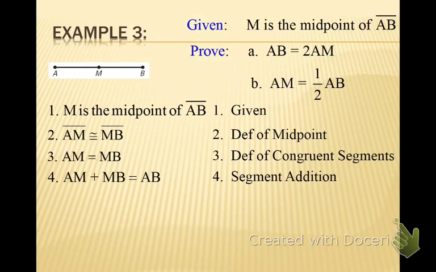So my next step, I'm going to use this step 3 to try to get to that goal. How am I going to use step 3 in combination with step 4? What would be my next step? Anybody see it? Okay, my next step would be to substitute AM for MB. So now we have AM plus AM equals AB.